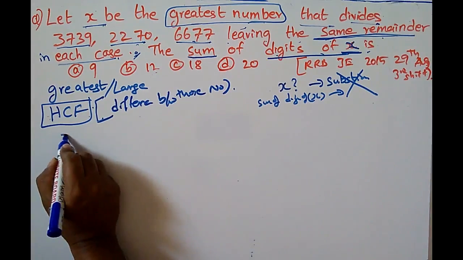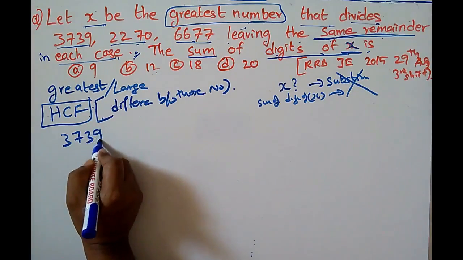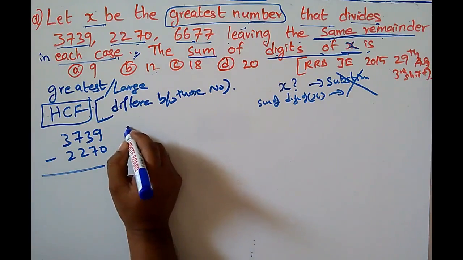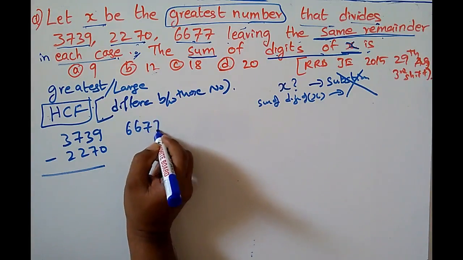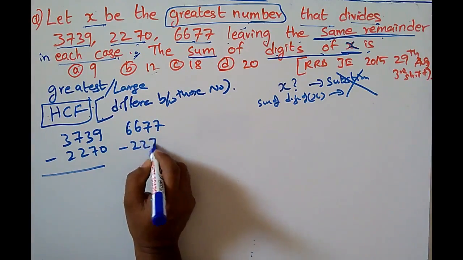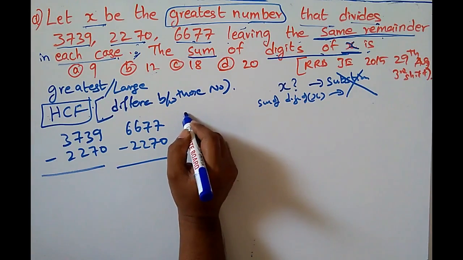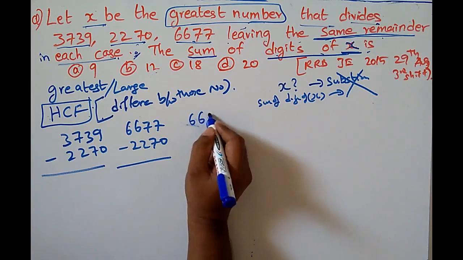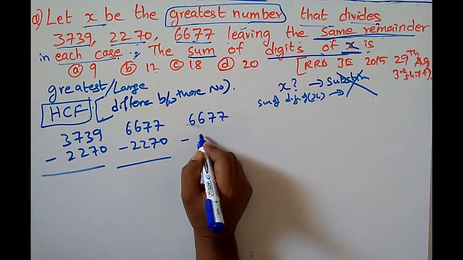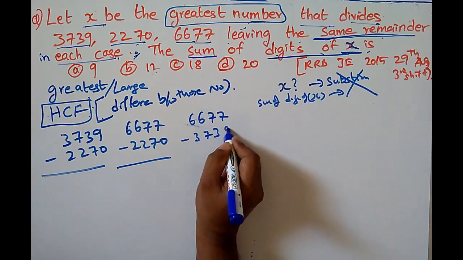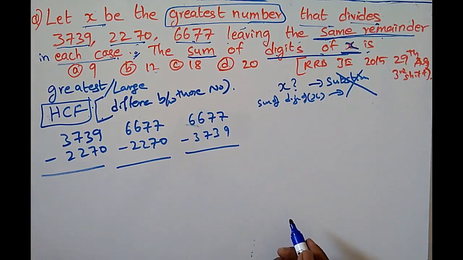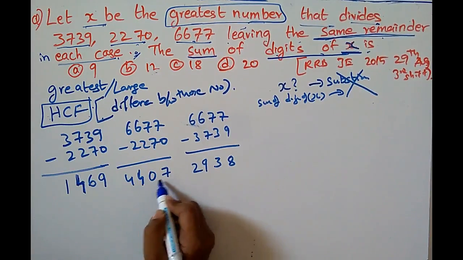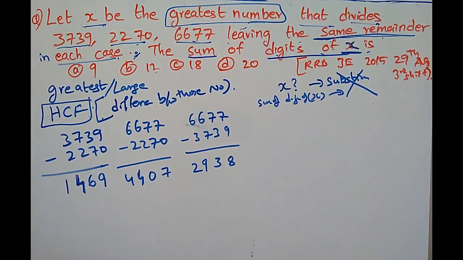What are these differences? 3739 minus 2270. 6677 minus 2270. 6677 minus 3739. So the respective differences we have got are 1469, 4407, 2938.